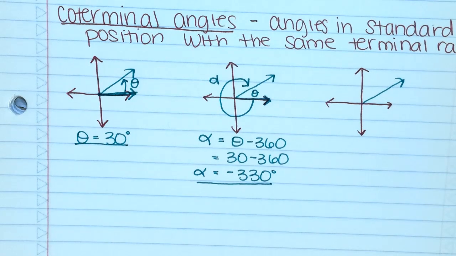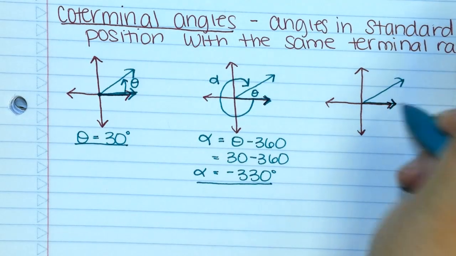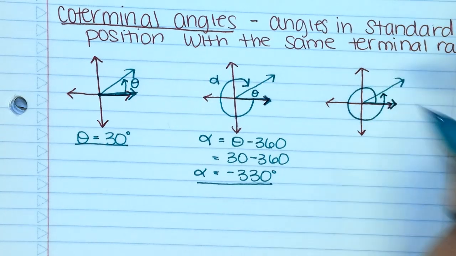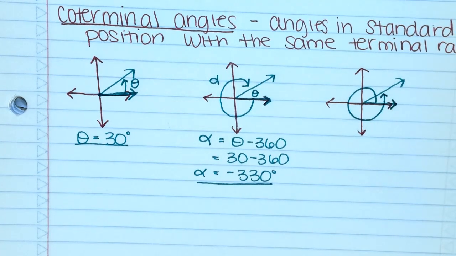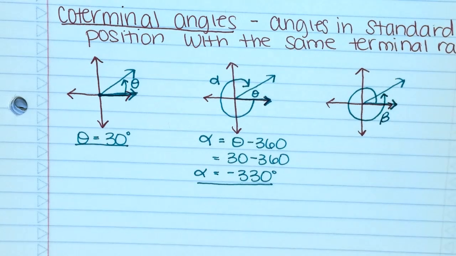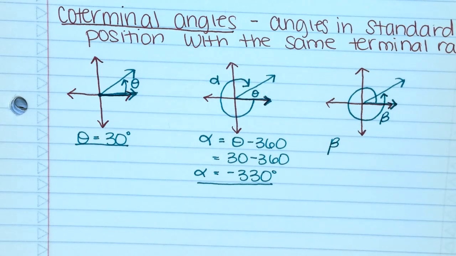Last but not least, I could have my initial ray right here, and I could go around and get an angle. Let's call this angle beta. Anybody want to guess what beta is? Which direction did I go?